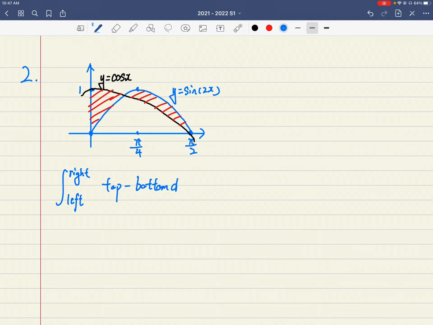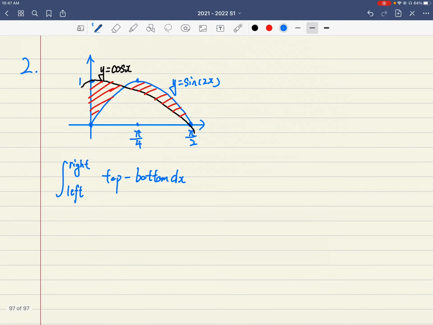But here, before this point, cosine is on the top, and after this point, sine 2x is on the top. So you have to divide the entire region into 2 subregions, get their areas separately, and then sum them up.